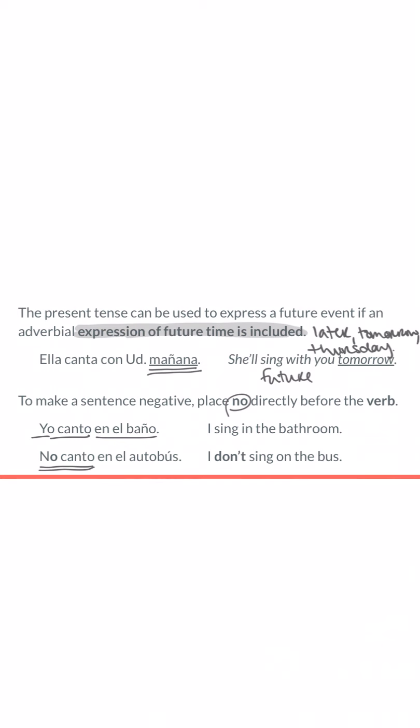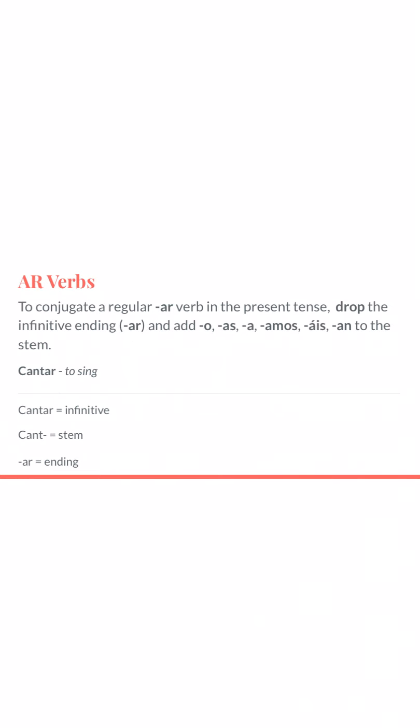All right, let's keep going. So just to reiterate, again, we have these portions of our verb. We're going to hop to this in just a moment, but let's make sure that we understand the portions that we have within this verb cantar.